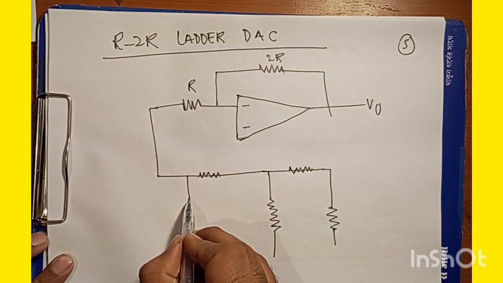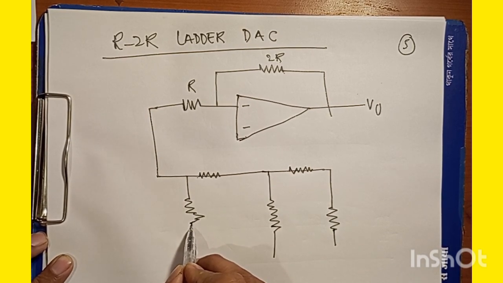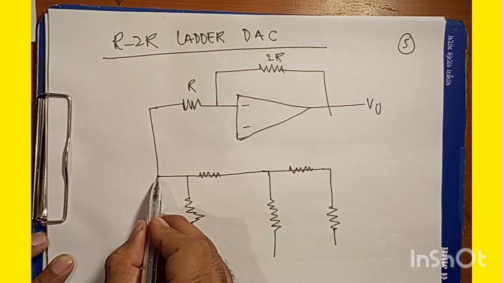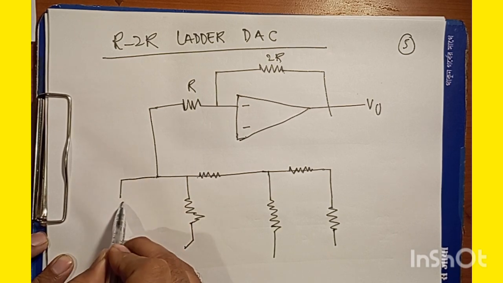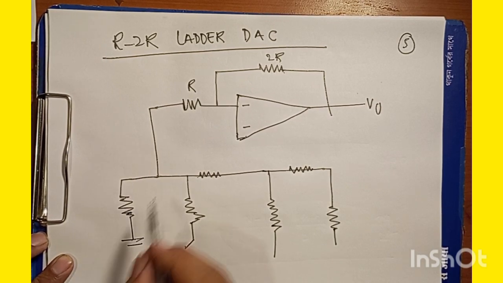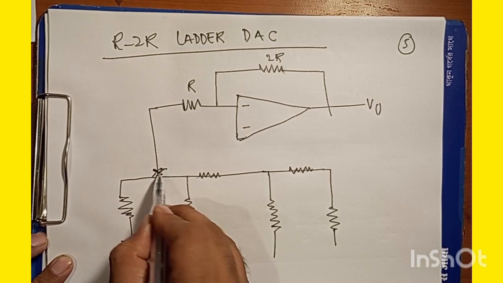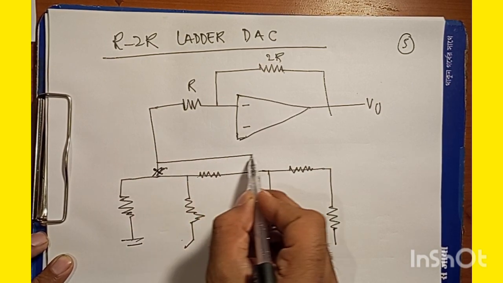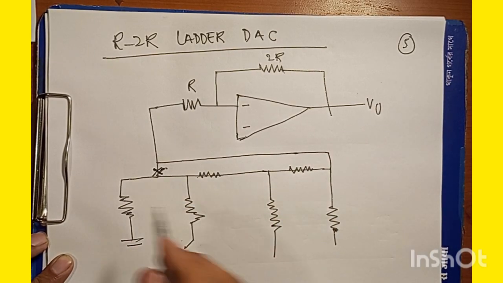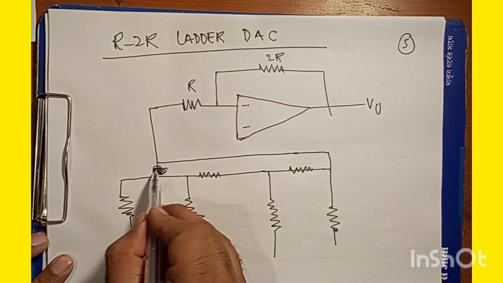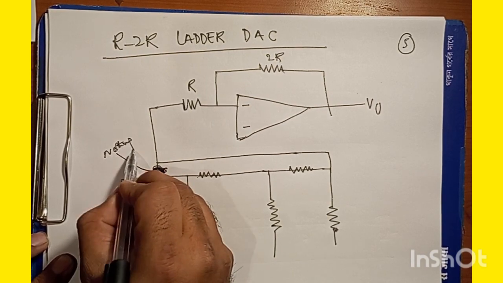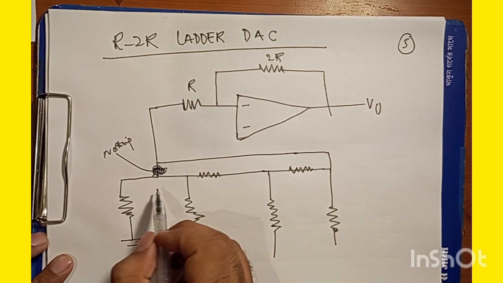Here I have another resistance, and here I have another resistance. To make it consistent, I should cut it here, and I should go like this. There's nothing here. Okay, so now it's consistent.